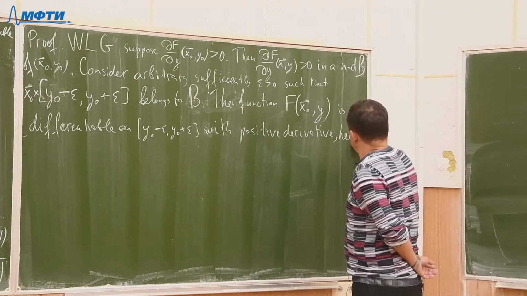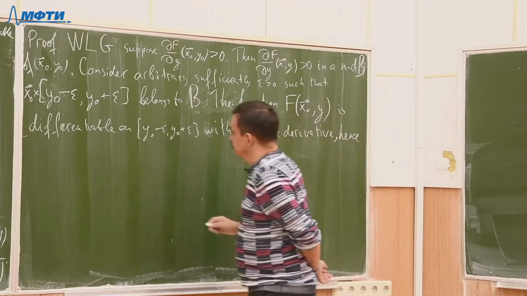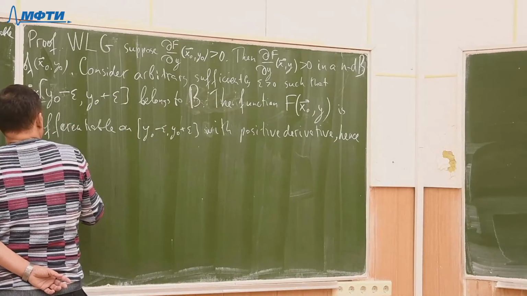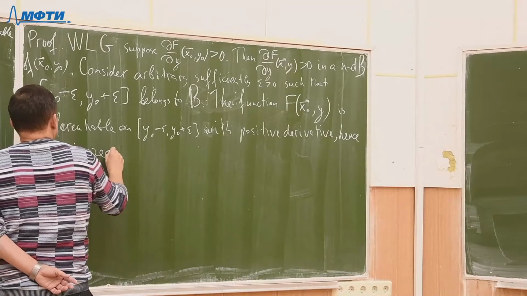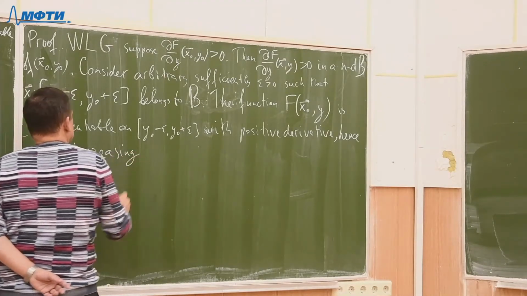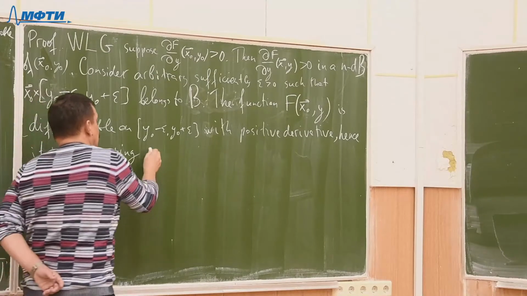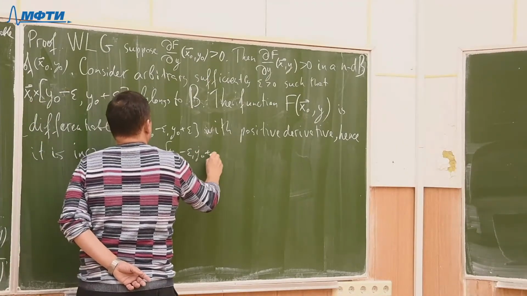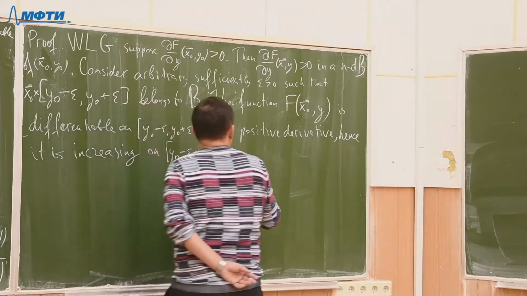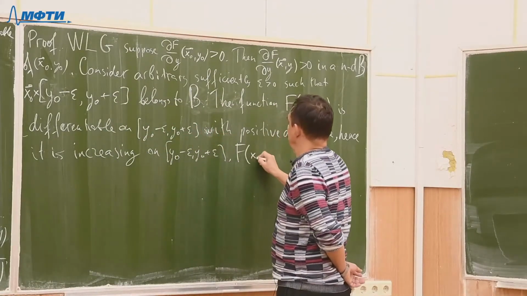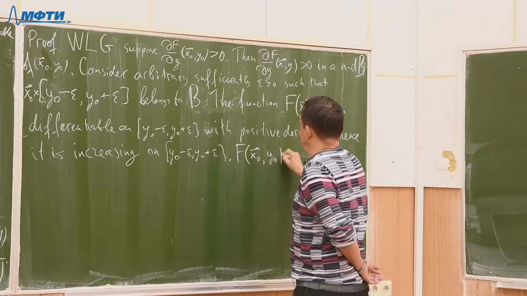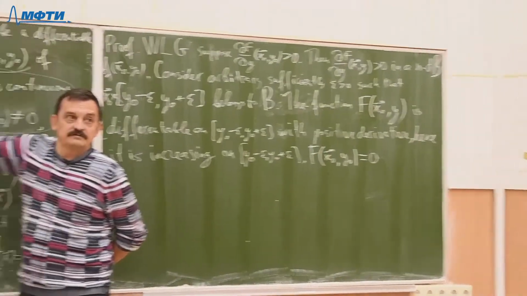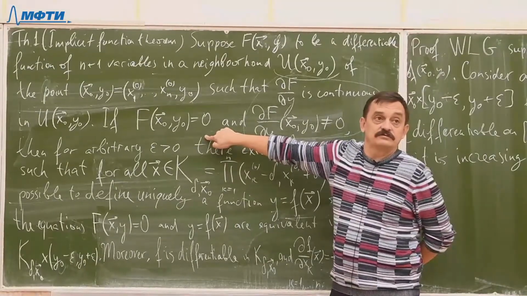Hence, it is increasing on y naught minus epsilon, y naught plus epsilon, and capital F at x naught, y naught equals 0 by our supposition, right?